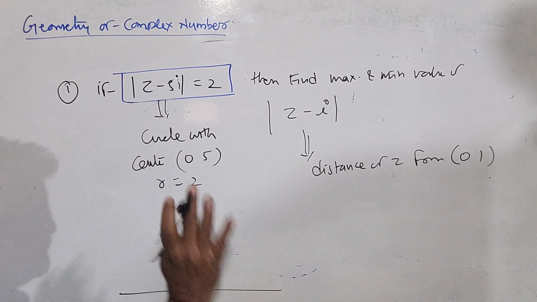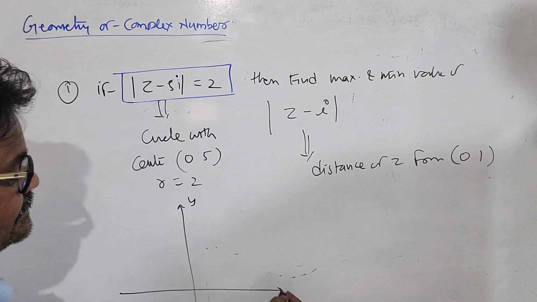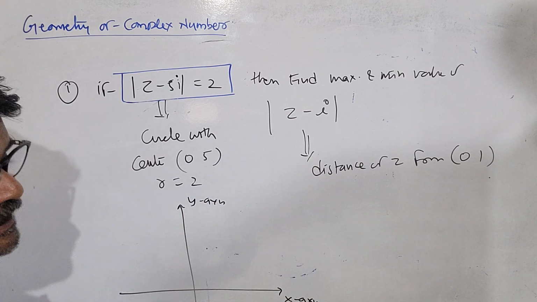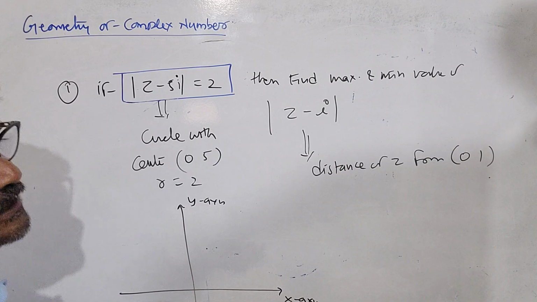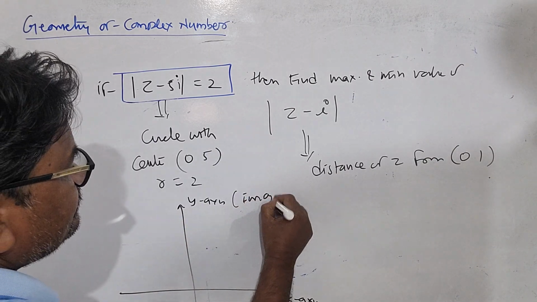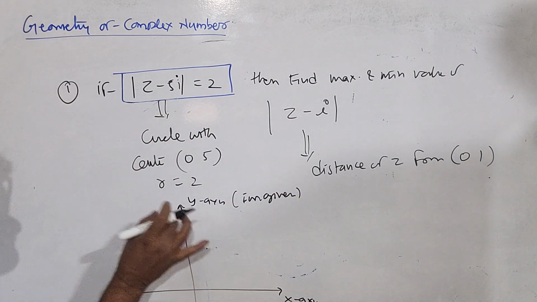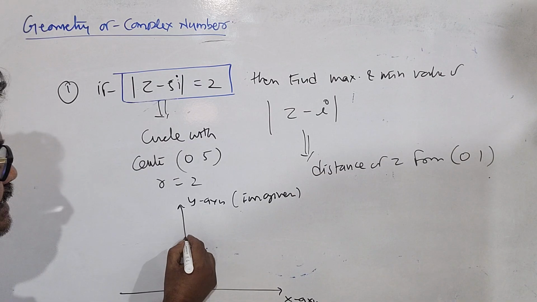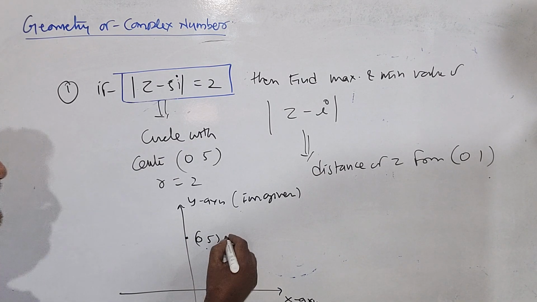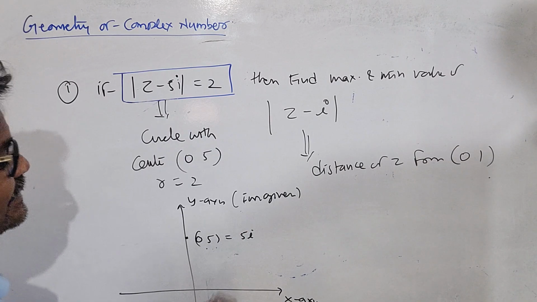This is the y-axis, this is the x-axis, the y-axis in the xy plane in coordinate geometry. And in the Argand plane, this is the imaginary axis. So 5i is lying there on the imaginary axis, and in coordinate geometry this is (0, 5), correct? And in the Argand plane this is 5i, correct?